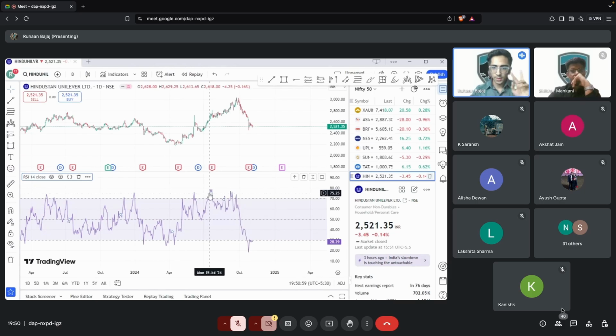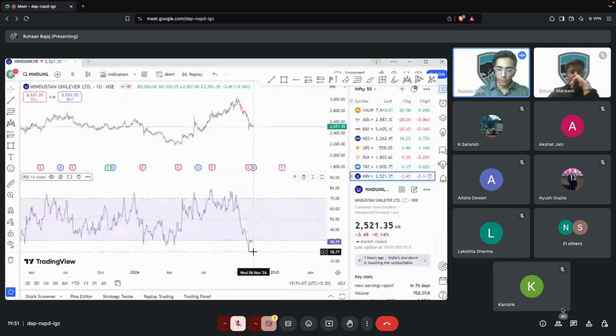There are two major uses of RSI. First of all, the basic one, what everyone uses, the oversold and overbought zone. What this lower level of the band shows is that the stock is oversold.